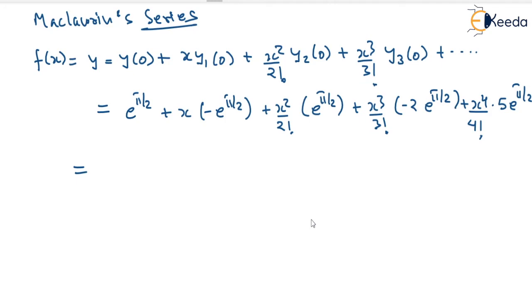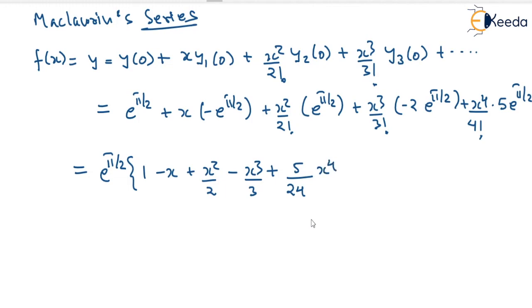So why not take e to the power of pi by 2 common, and we will be left with 1 minus x plus x square by 2 minus x cube by 3 plus 5 by 24 x to the power of 4 and other higher terms.